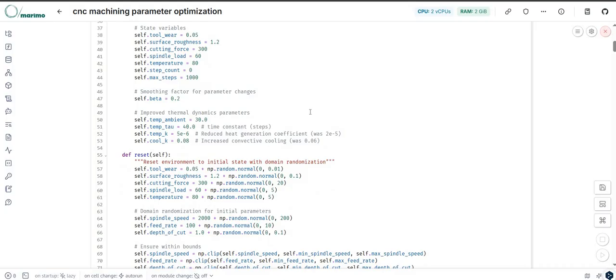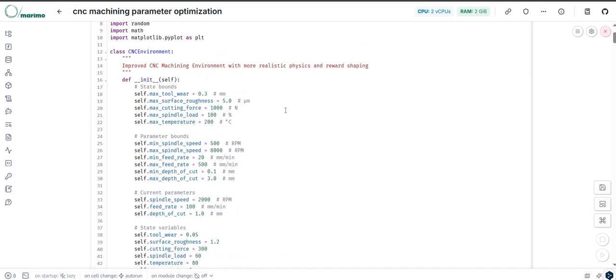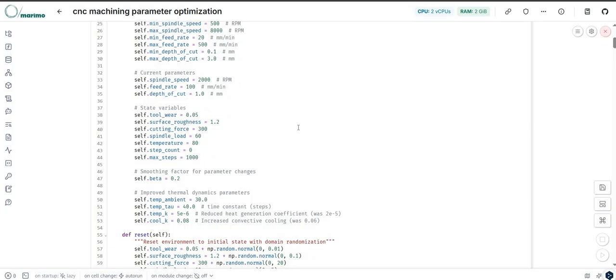Below those limits we are also defining some starting values. And what are they? The spindle speed is initialized to 2000 rpm, feed rate starts at 100 millimeters per minute, and the depth of cut is 1 millimeter.